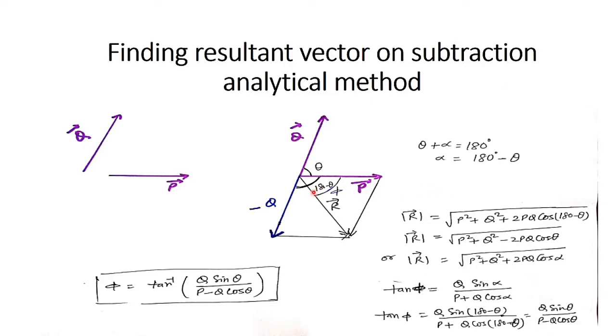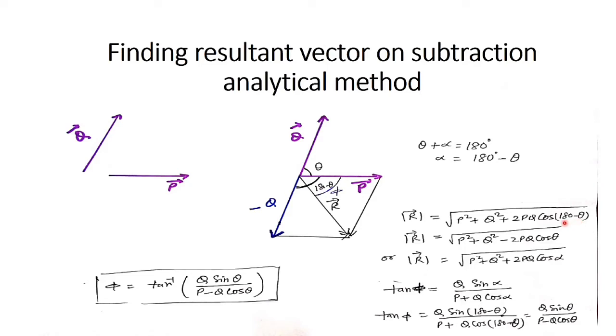Now if I want to find the magnitude of the resultant for p and minus q vector, I have to use the same formula from the parallelogram law of vectors. R magnitude is equal to square root of p square plus q square plus 2pq cos 180 minus theta, or simply I can write cos alpha.